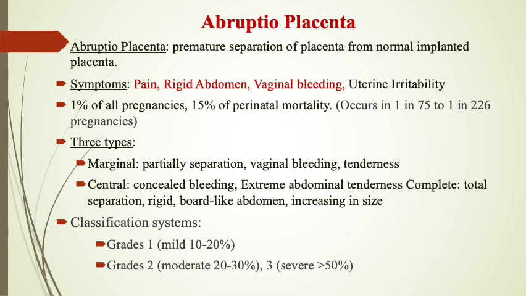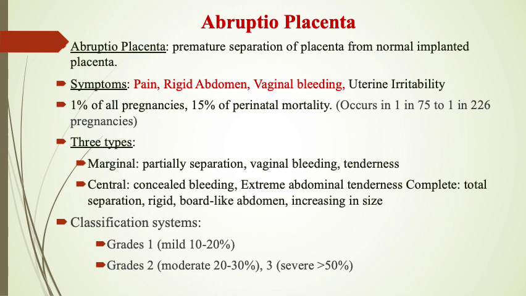E for experienced DIC. A patient who is abrupting will experience DIC if proper management is not implemented. And D stands for distress fetus or baby. The baby will have fetal deceleration, the heart rate will drop, because this fetus is no longer getting its nutrients and oxygenation.